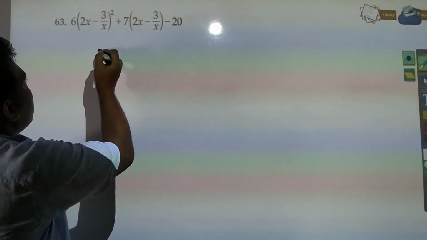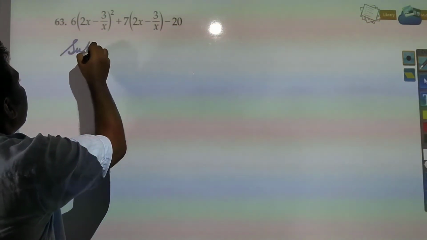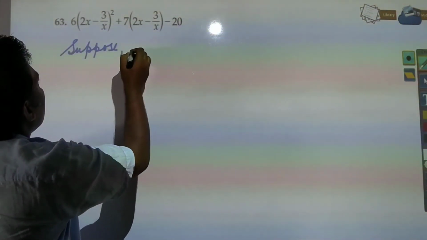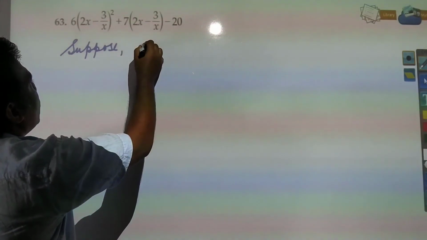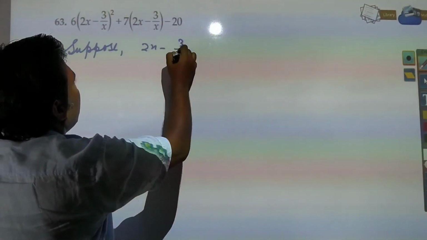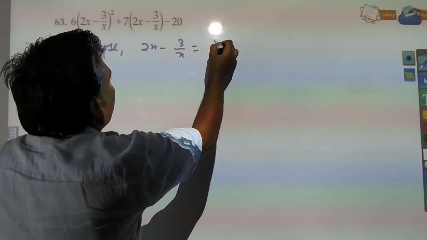Again a similar question is there. What we need to do: suppose 2x − 3/x is equal to y.